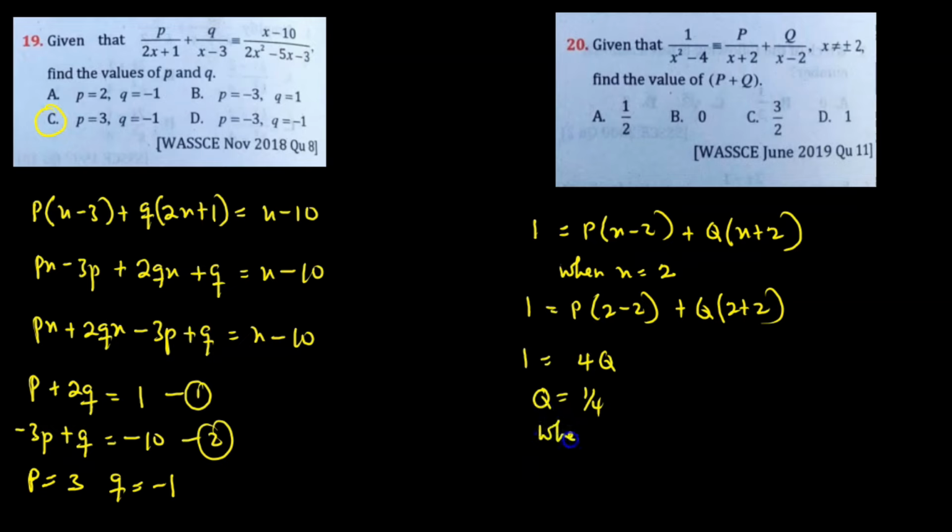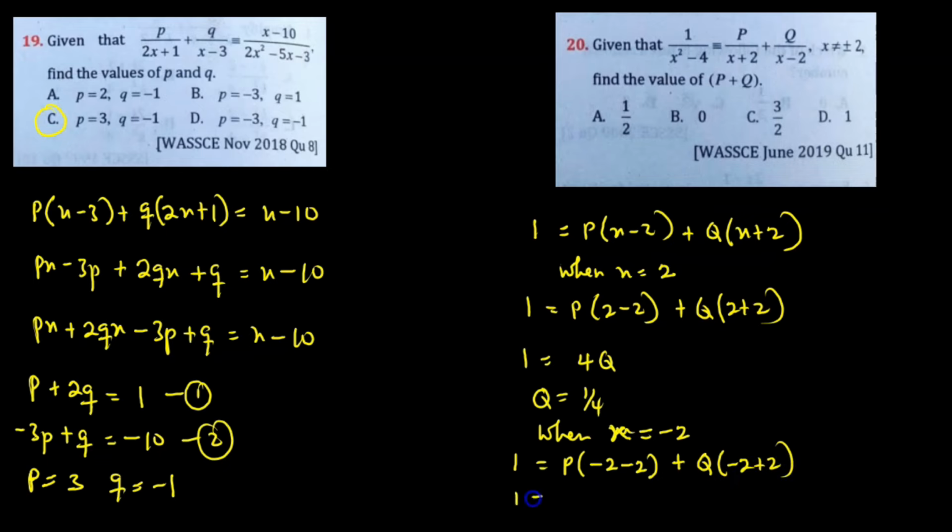Then when x is equal to -2, it means it will be eliminating the value of Q from the equation. So that would be 1 equal to P into brackets -2 minus 2, and then plus Q into brackets -2 plus 2.